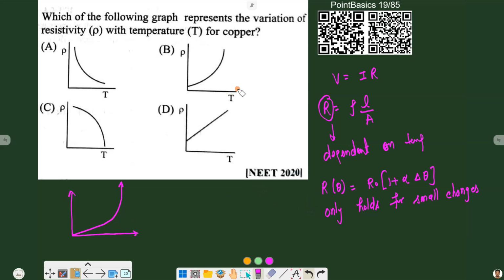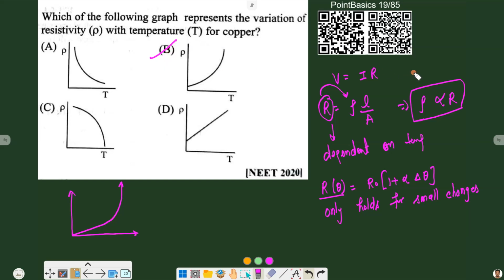Now, as no scale is mentioned, the variation of resistance will be the same as the variation of resistivity, because resistivity is proportional to resistance for a wire of fixed length and fixed area. Resistance initially varies linearly, then becomes exponential, and the closest graph we have is option B.